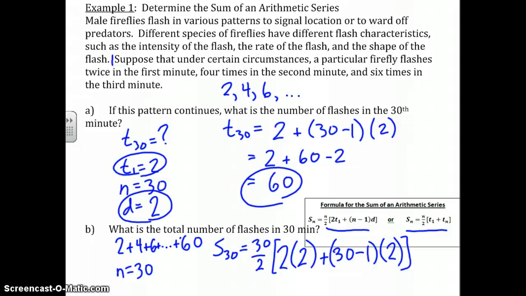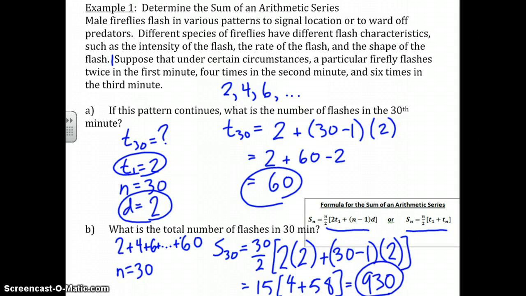We go through, we work that out, it becomes 15 times by 4, plus this middle bracket, we could distribute, or we could just go, okay, this is 29 times by 2, so 58. And then we have 15 times by 62, which works out to be 930.